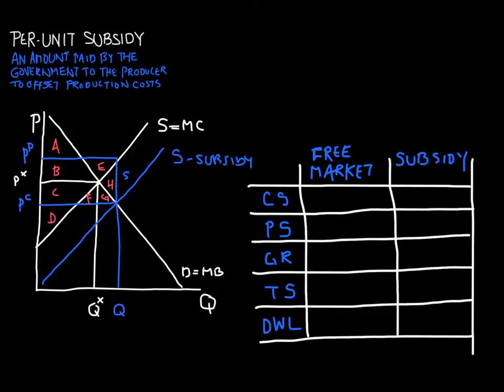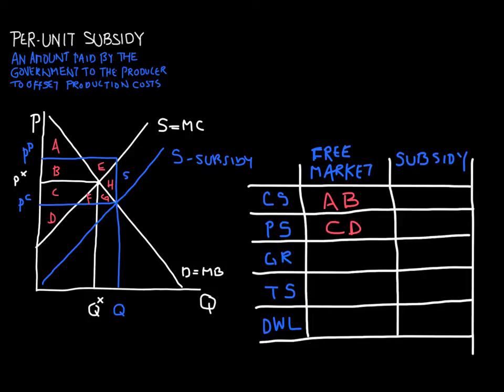And producer surplus is going to be the area above the supply curve below what producers receive. And notice here that consumers pay the same amount as producers receive. So if I just add these numbers over here, you can see that the free market consumer surplus is equal to A, B, and the free market producer surplus is equal to C and D.